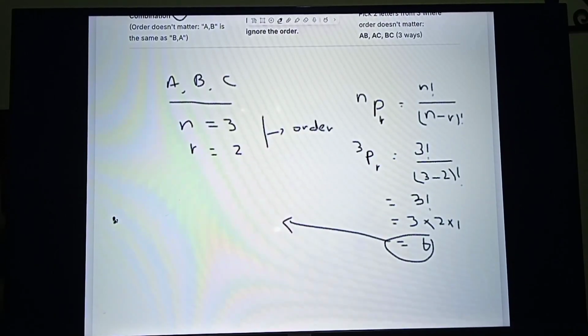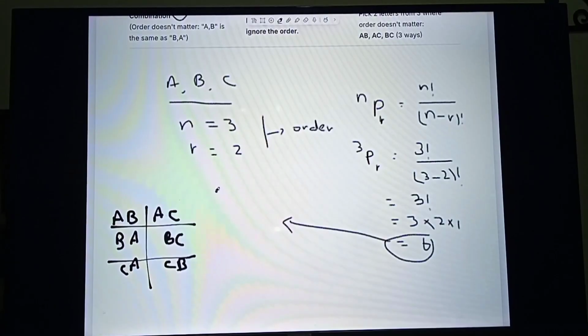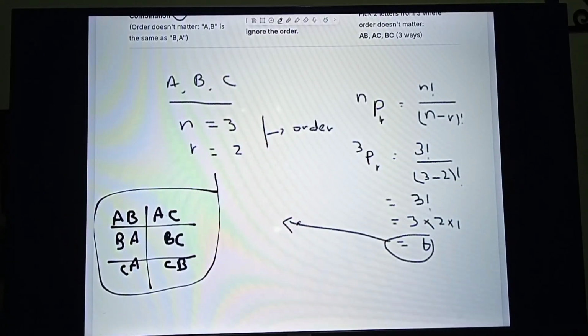Book A may be placed with book B, book A with C, book B with A, and book B can be put with book C. Similarly, C with A and then C with B. So these are all the possible arrangements, which is 6.